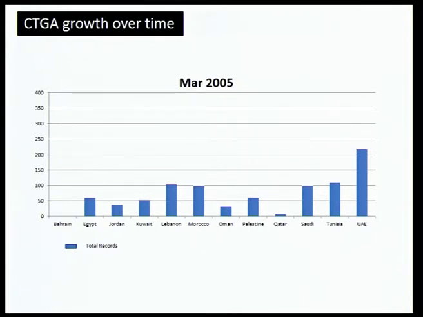Then the CTGA team continued to collect data from other Arab countries, and the numbers continued to grow. By December 2005, there were two different categories of data, gene or molecular versus phenotypic.